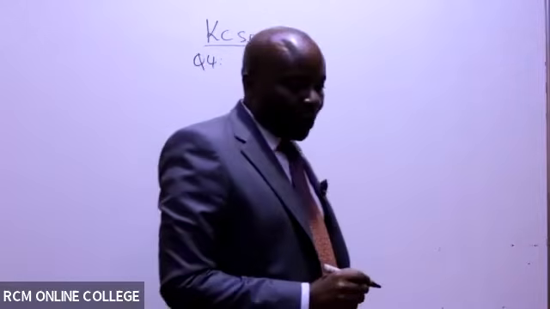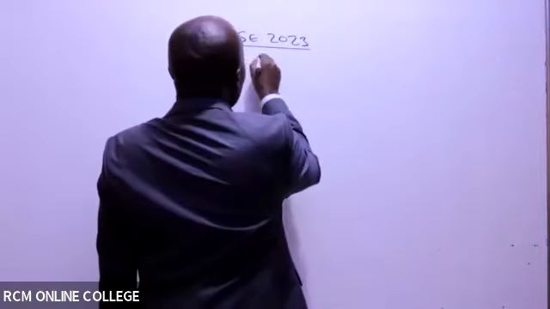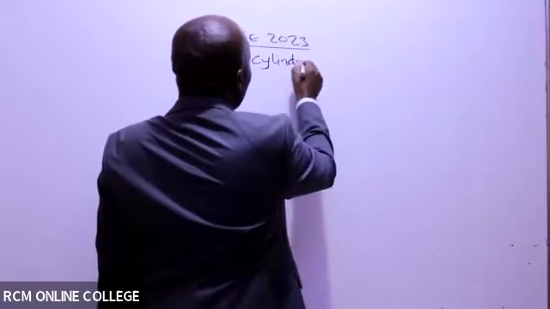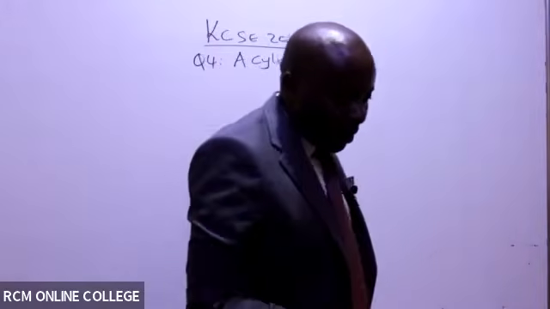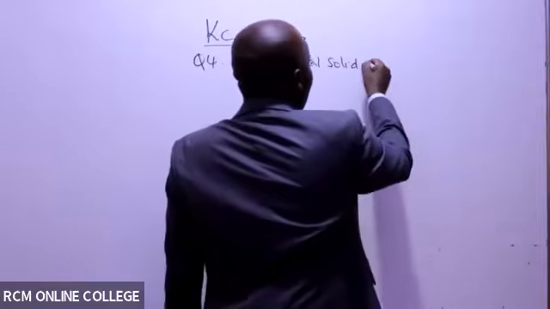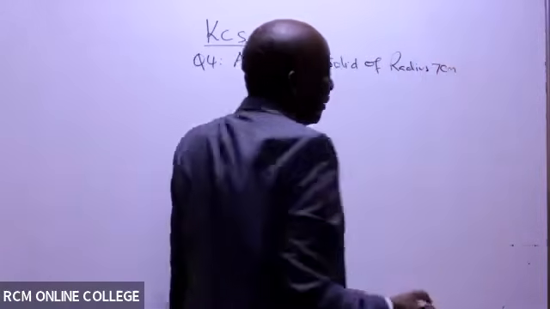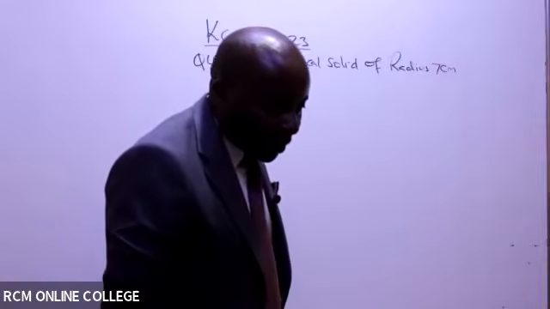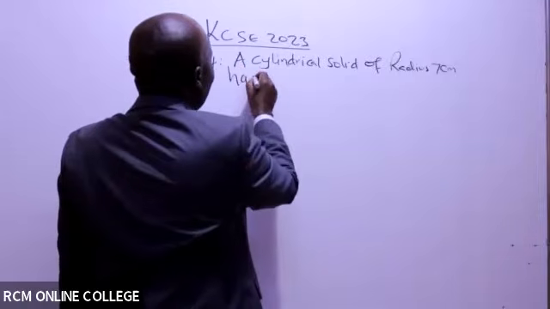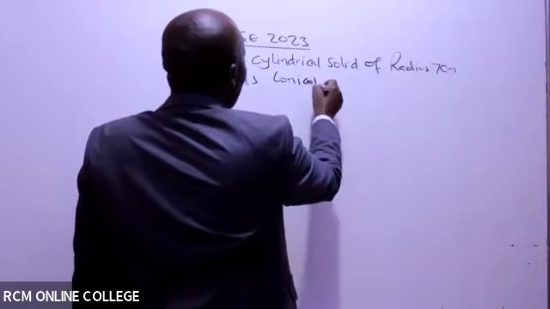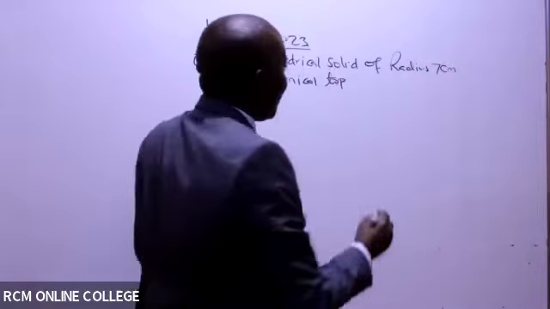So question number 4, we are writing there, a cylindrical solid of radius 7 centimeters has a conical top of the same radius.